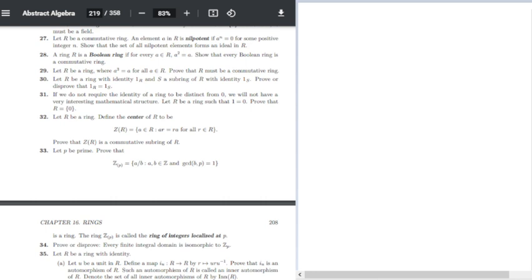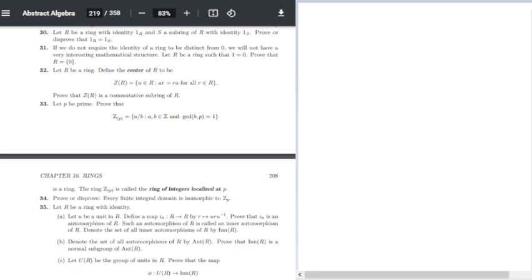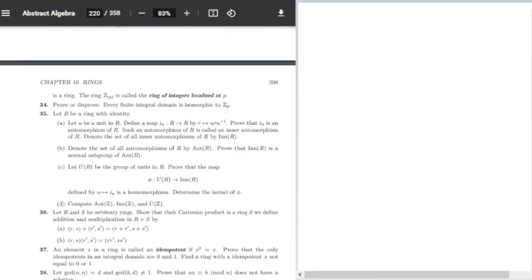To find the center. Summing prime Zp. Gosh. Produces every finite integral domain is isomorphic to Z mod p. Just seems instinctively a bit off.